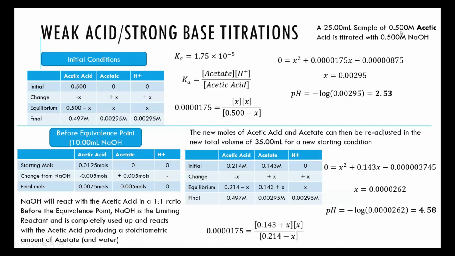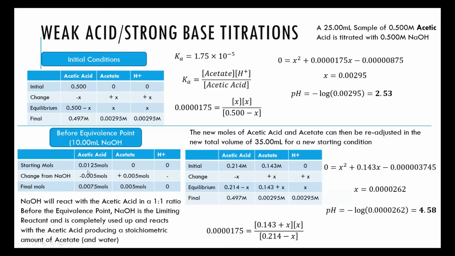The 0.5 molar acetic acid times 25 milliliters. And when you add 10 milliliters of sodium hydroxide, it's 0.005, the 0.5 molar times 10 milliliters. Since that is going to react with the acetic acid, you're subtracting the two to find out how many moles of acetic acid are left after the reaction.